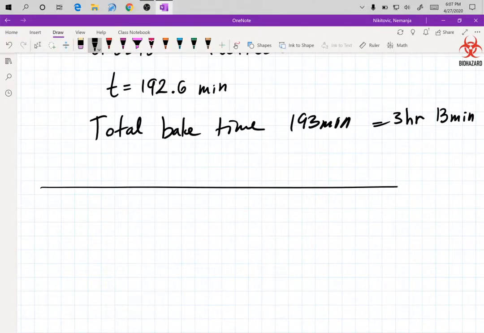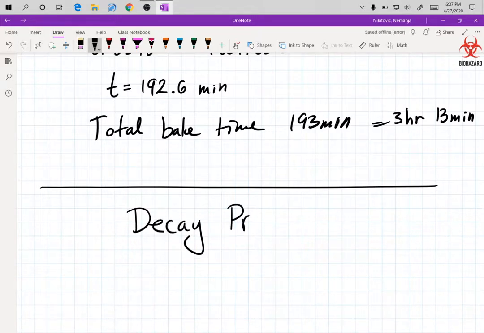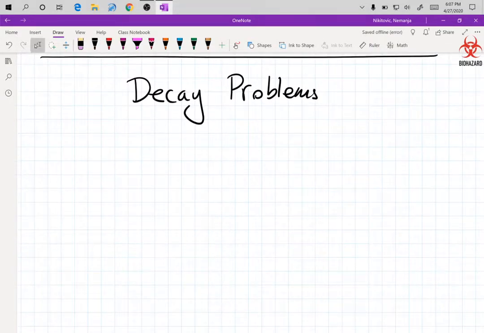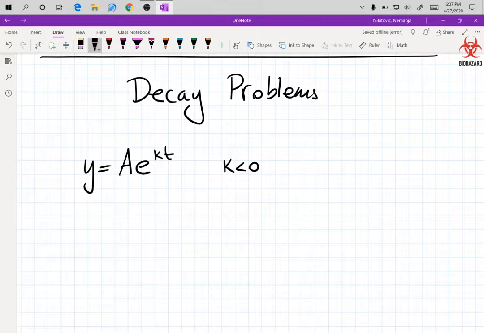Anyway, decay problems, where we have y equals a e to the kt, where k is less than 0, and the graph is like this in time, going through our value a. That's the y-axis.